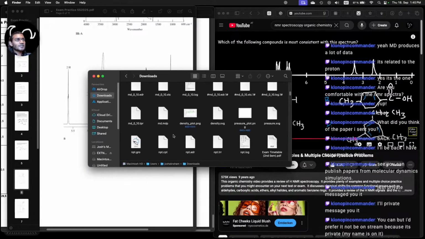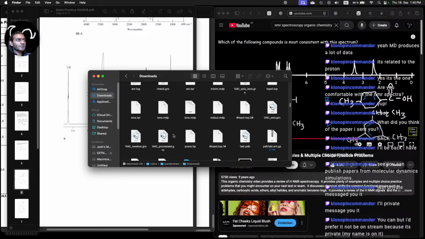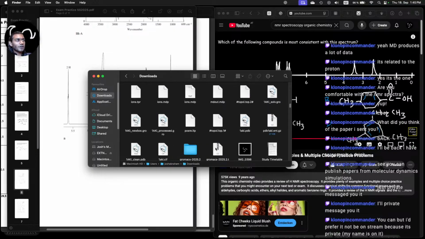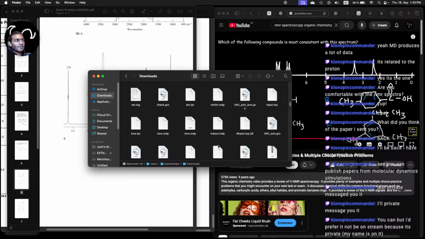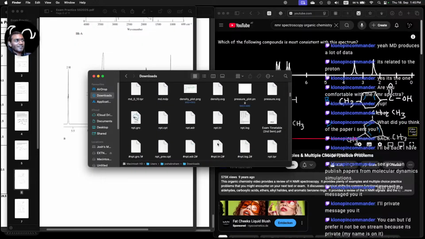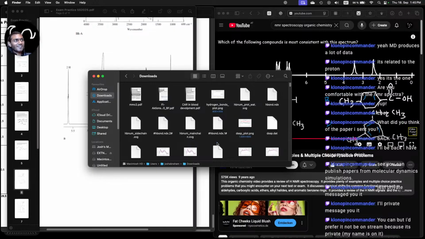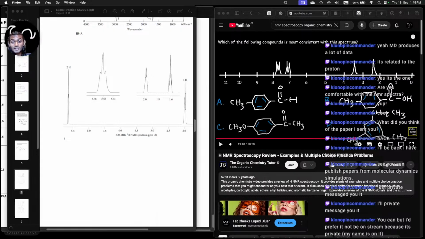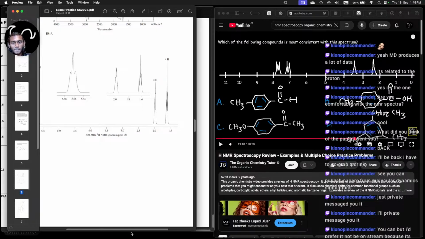These are the files I got as part of GROMACS. I got this many files just for one small simulation. So I can imagine for a PhD thesis using molecular dynamics, of course, that would be a lot of data.